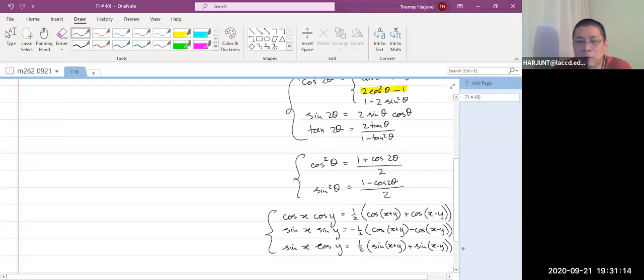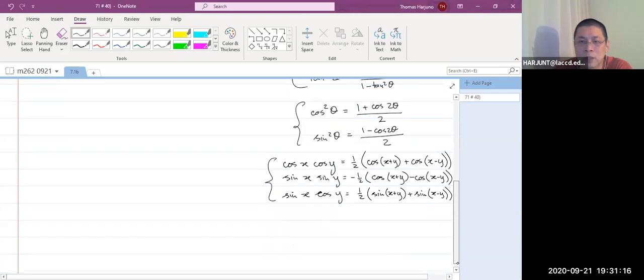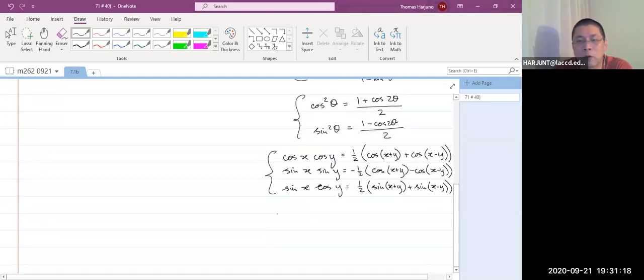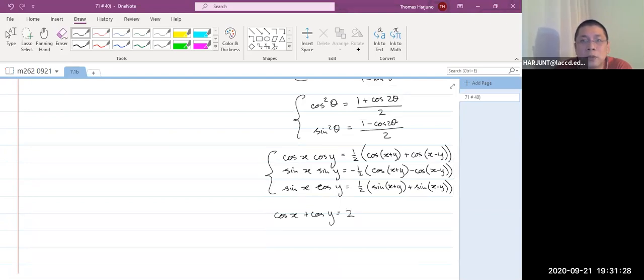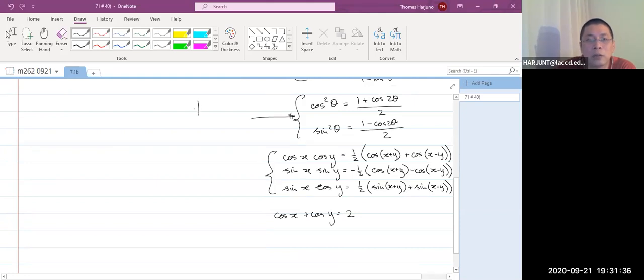Oh, this one. Sum to product formula. Cosine x plus cosine y equals 2 times... that's tangent squared theta, basically from here. Let me write it down.